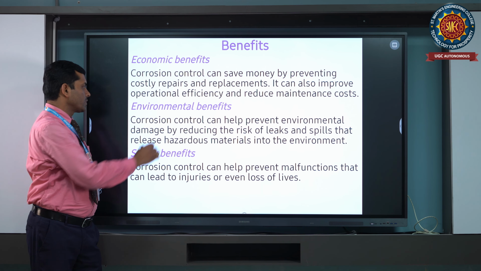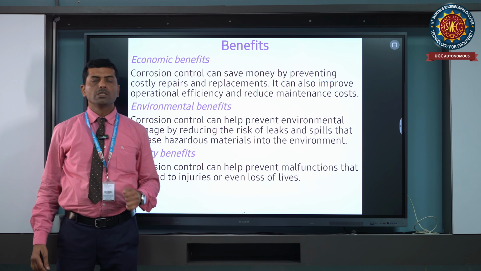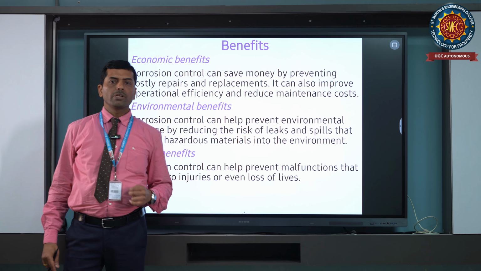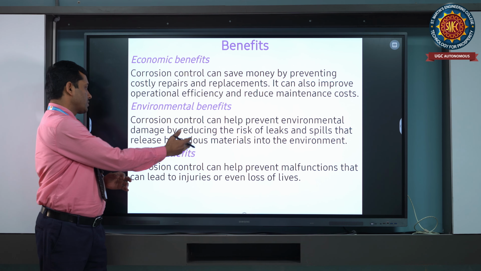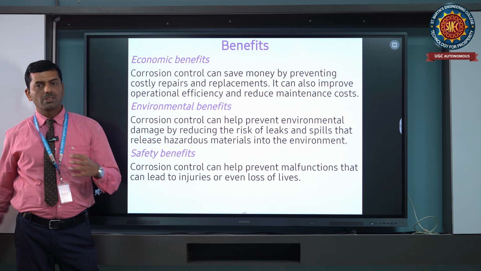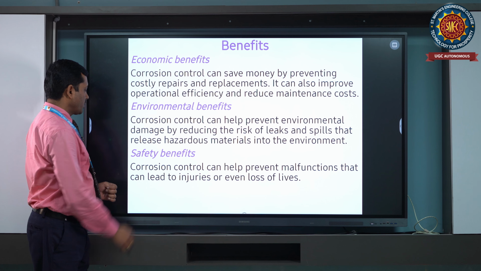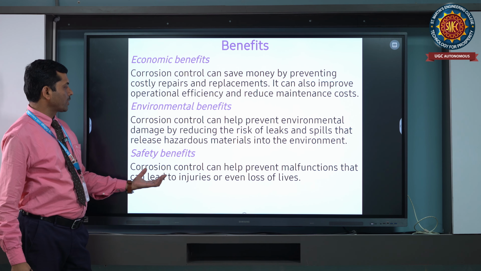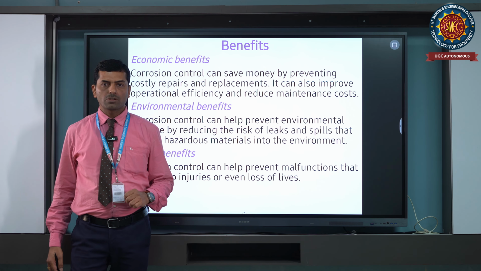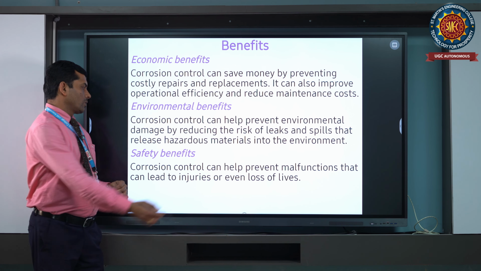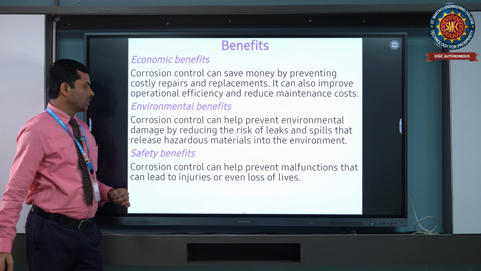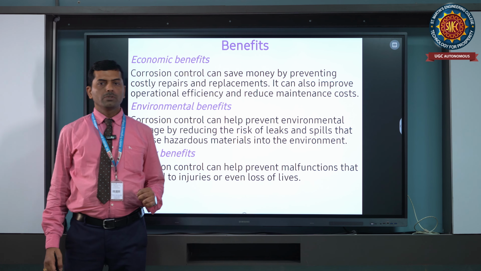Next, environmental benefits: by reducing the risk of leaks, we can control water pollution and air pollution. This is a major advantage, and hazardous materials are not allowed into the water. Next, safety benefits. Corrosion control can prevent malfunctions that can lead to injuries and even loss of lives.